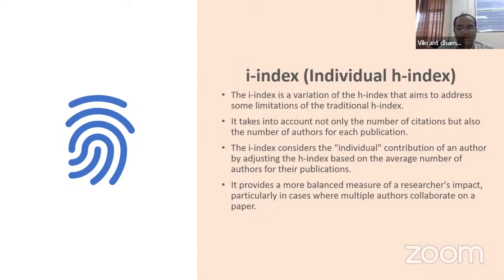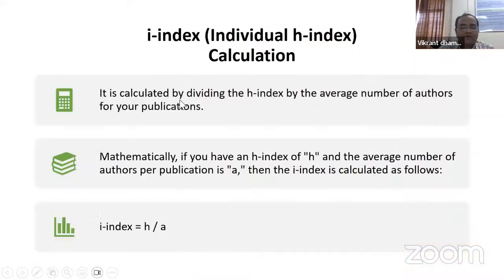I have already discussed what the H index is. This is the individual I index, and there is a formula for its calculation. It can be calculated mathematically using the H index and the average number of authors per publication. If my H index is 5, the number of authors per publication may be 2, 1, 5 or 6.